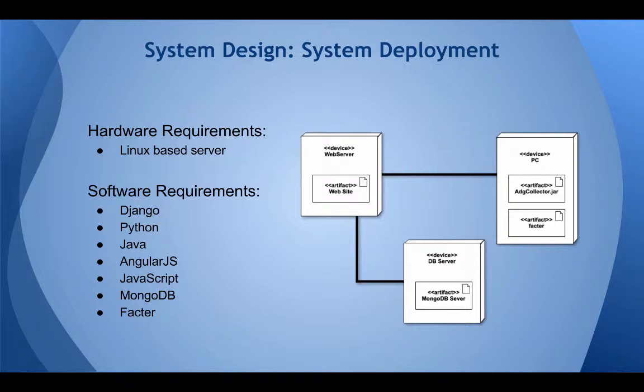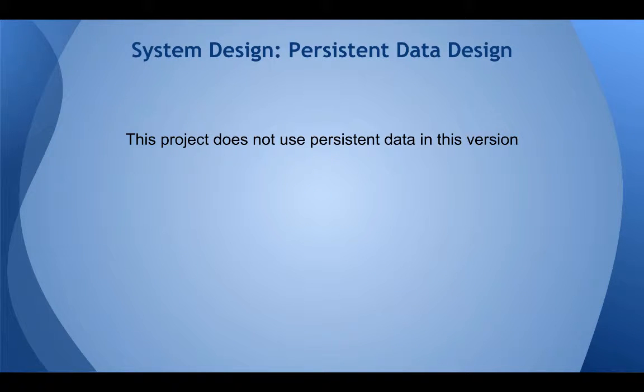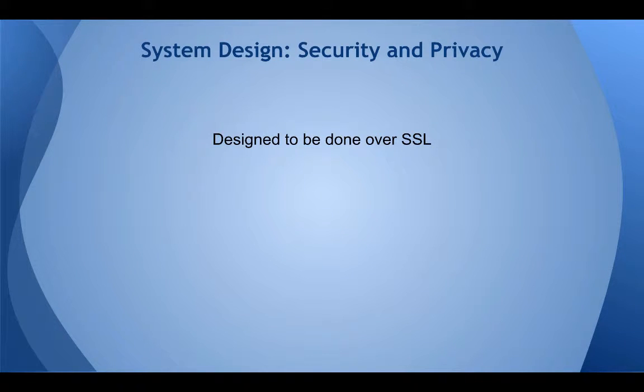The hardware requirements for the system are a Linux-based server, and the software requirements include Django, Python, Java, AngularJS, JavaScript, MongoDB, and Factor. The system does not use any persistent data within the current version. Security and privacy is limited to running the system using an SSL certificate.